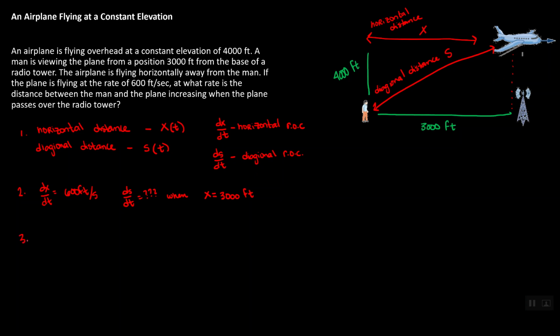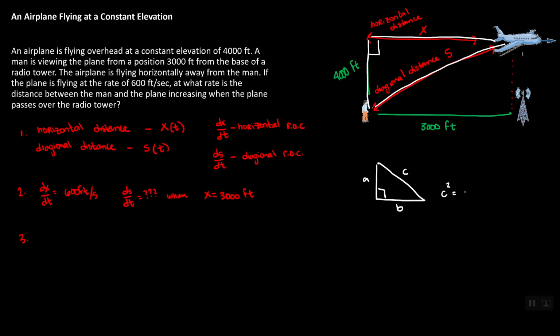Moving on to step 3, we need to find an equation that relates all of our variables. If we're looking at our diagram, we might see that there is a right triangle popping out at us, where we have one side of 4,000 feet, the long side, the hypotenuse, which is s, and then the other leg is that horizontal distance. For any right triangle, we can use the Pythagorean theorem, which says your hypotenuse squared is equal to the sum of the squares of the two sides.